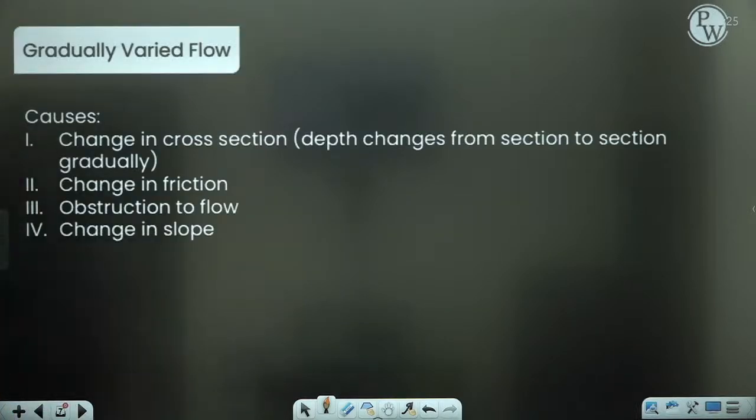I think I have already given you the basic definition of GVF, na? At the start of my discussion I told you GVF is nothing but when there is a small change in depth over a long span of distance, we call it a gradually varied flow.